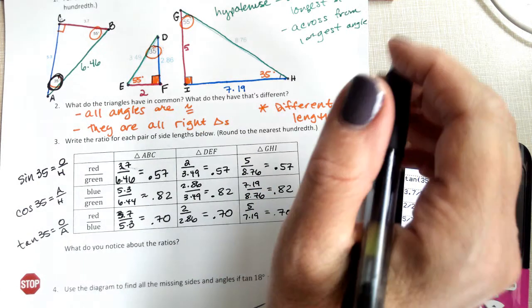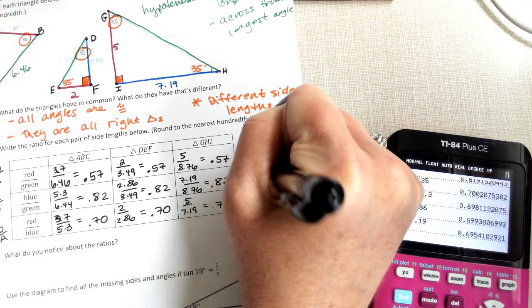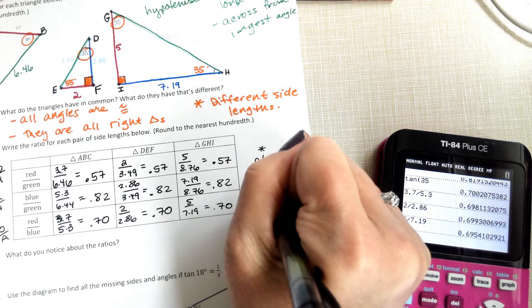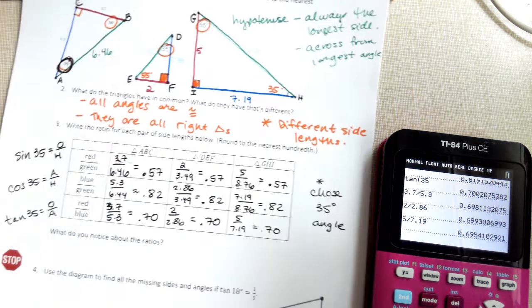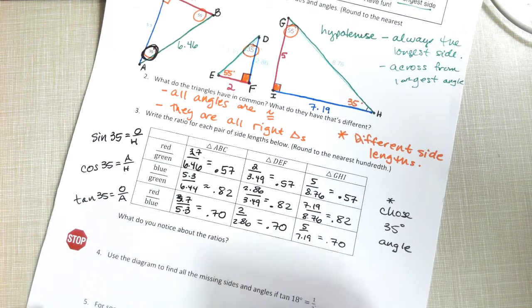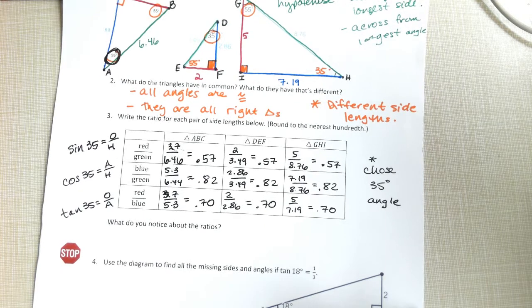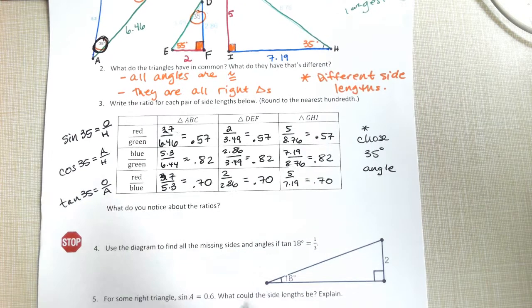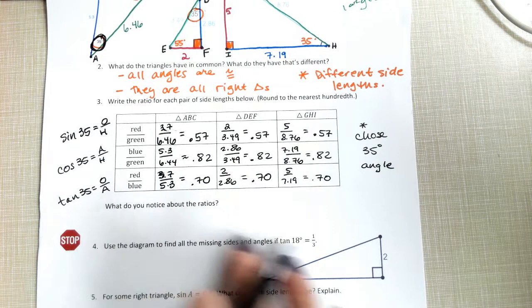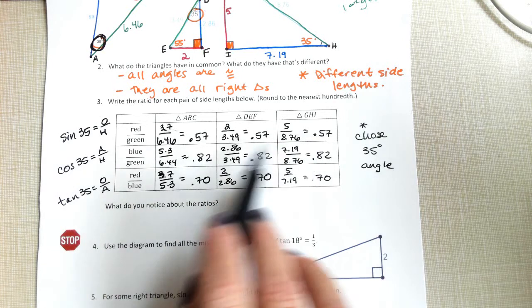So what we chose here was the 35-degree angle. We could have chosen any one of these, and you could have verified that the ratios are always the same. Haneen, what do you notice about the ratios? They're the same.